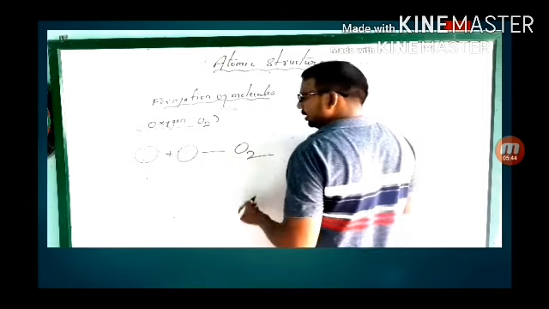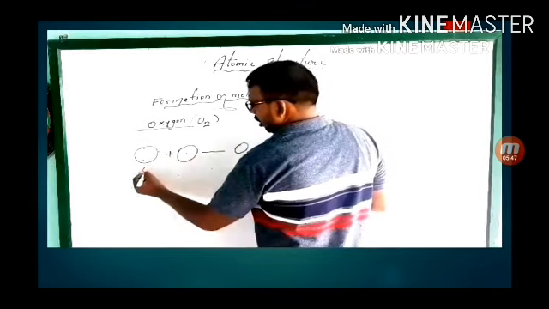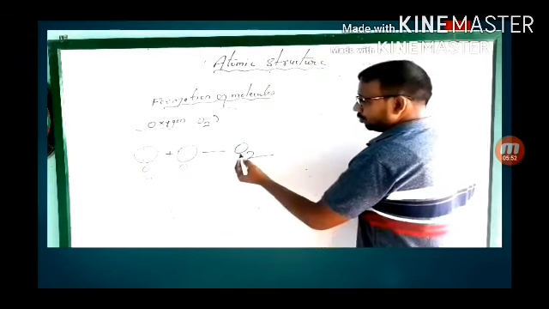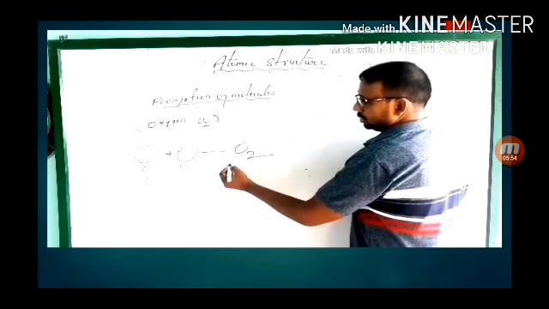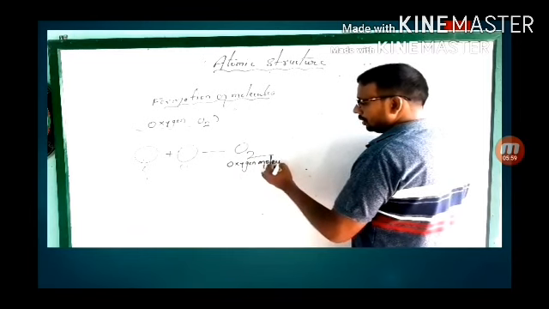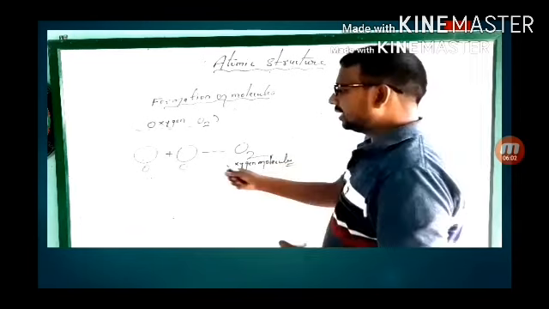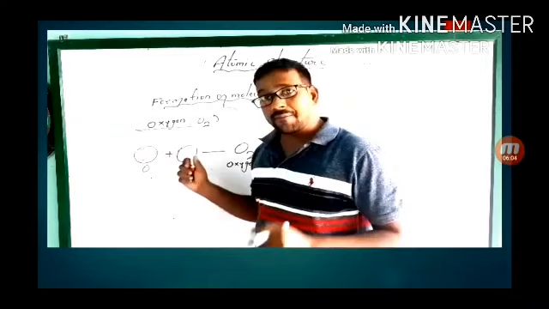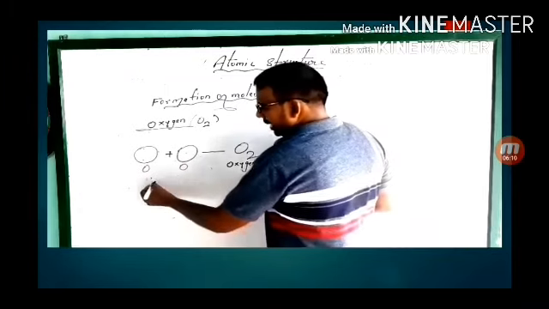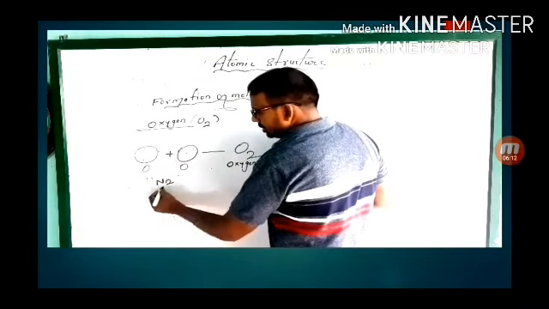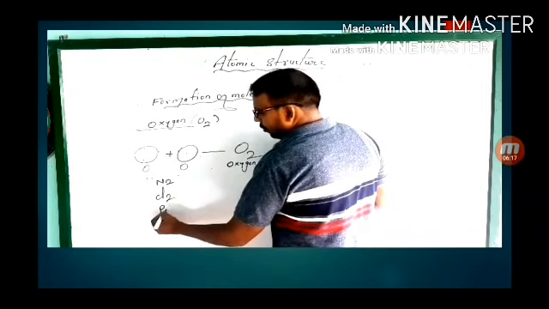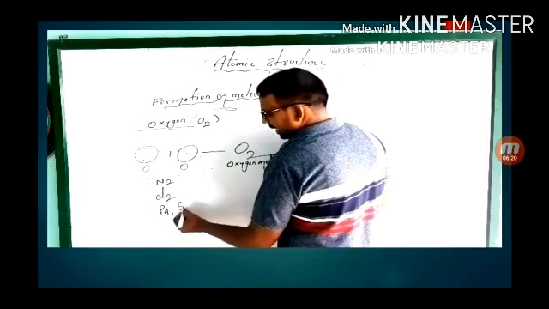O2. This is one atom of oxygen, this is one atom, and these two chemically combined atoms form O2. That is the formula of the oxygen molecule. It is very clear. When atoms of the same element combine, they form a molecule. Suppose I write N2, Cl2, P4, S8.